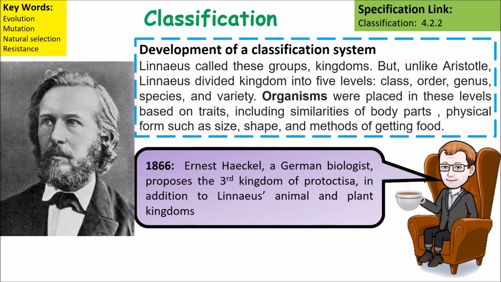In 1866, Haeckel, a German botanist and biologist, produces the third kingdom of Protista, so that is an addition to what Linnaeus suggested about plant and animal kingdoms.